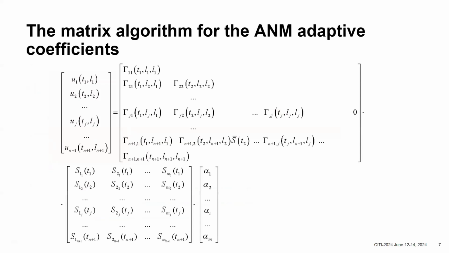Here is the algorithm of computing the adaptive coefficients. Here the matrix with gammas is the neural feedback matrix. The calculation of those values is described in more detail in the paper. Then the matrix S is the matrix of signals from the cerebral cortex recorded from the patient.